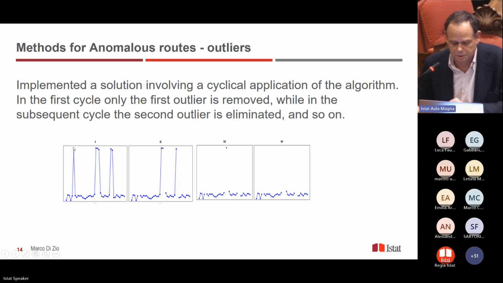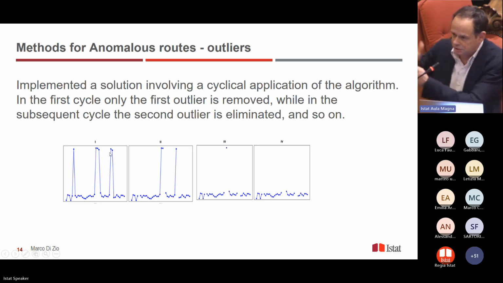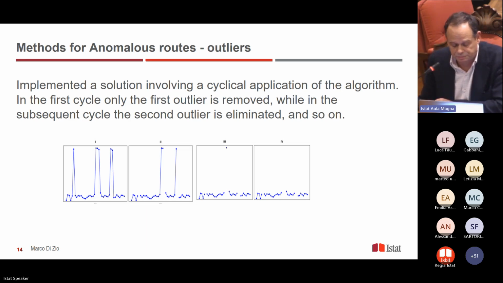It's a very high speed, but of course if there is a signal jump, and then the ship stays in that place, the subsequent points will not be flagged as outliers because they are conditioned on the time before.